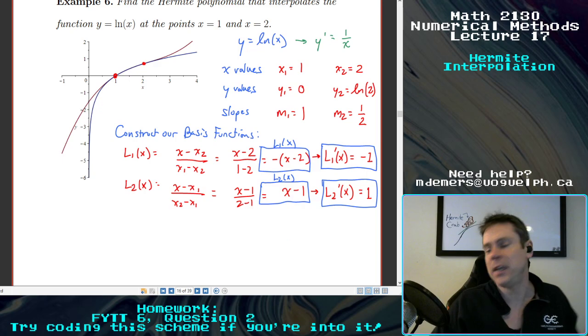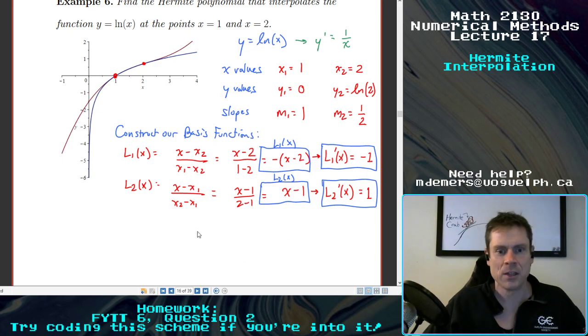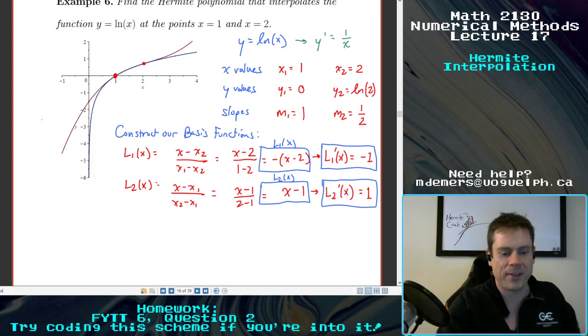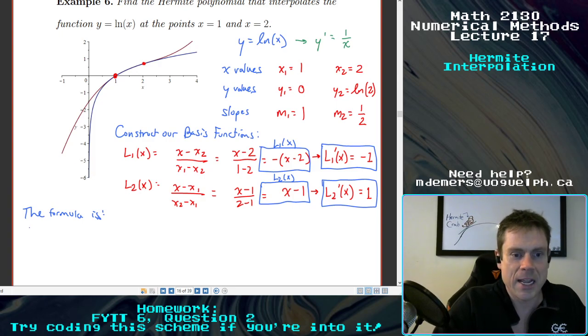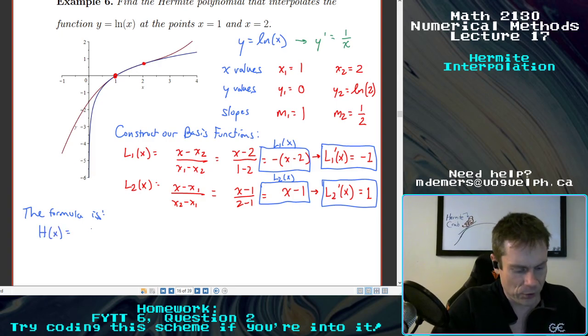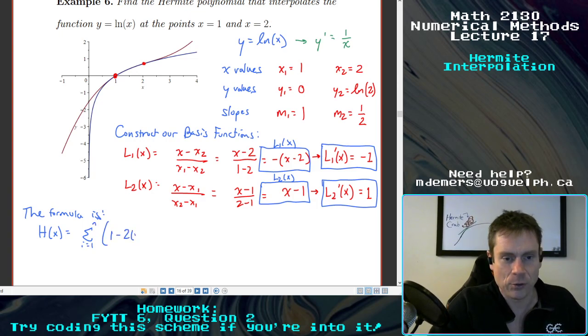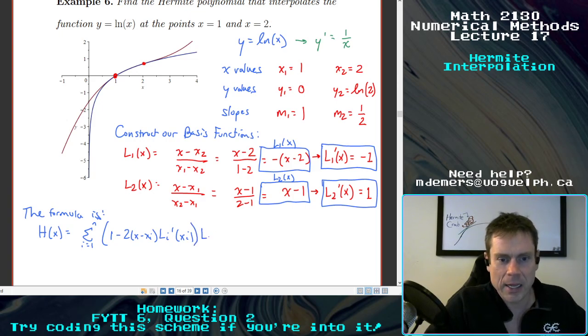I'm going to rewrite the formula, and then we're just going to use it to the best of our ability. So let's try our best here. The formula is... I've rewritten it on a piece of paper here, so I'm going to just refer to that for a second. Super fun, right? All right, h of x is equal to the sum, i equals 1 to n, of (1 minus 2(x minus xi) Li prime evaluated at xi), and then we multiply that by Li squared of x times the height.